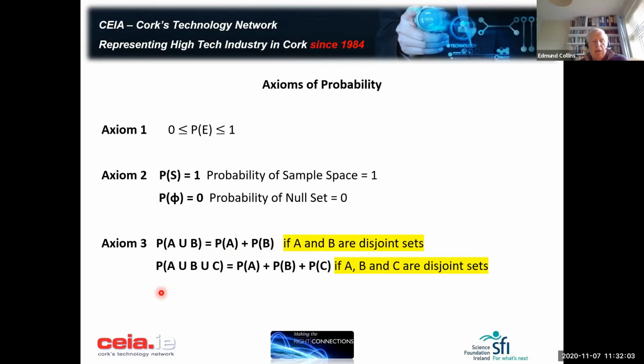And that can be expanded out. If you have A, B, and C as disjoint sets, then that axiom holds true for that situation where you've three disjoint sets. So the probability of A or B or C equals the probability of A plus the probability of B plus the probability of C, and so on.